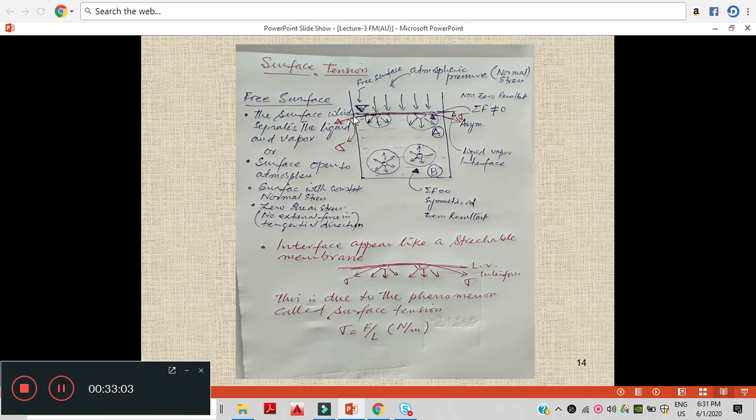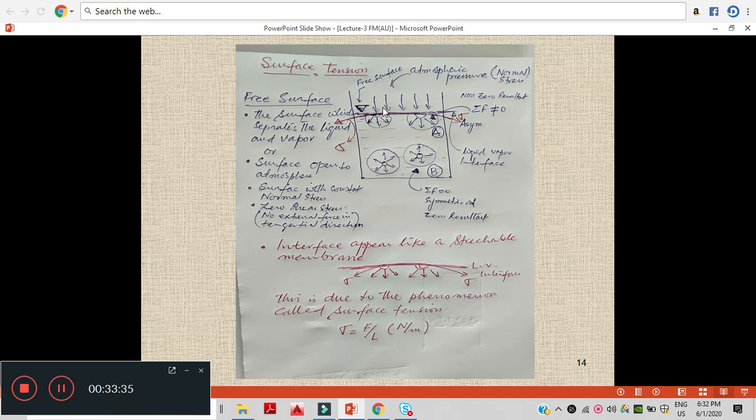This surface is called a free surface or liquid-vapor interface. Here is the atmosphere, where there are water vapors or air, and here is the liquid. So what is the free surface? How can we define it? It is the surface which separates the liquid and vapor, or a surface open to the atmosphere.